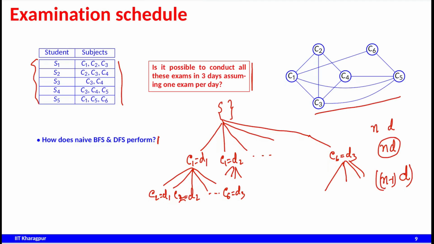I can continue from here and so on. The effective complexity then becomes nd times (n-1)d, and so on. Effectively it becomes n factorial times d to the power n.